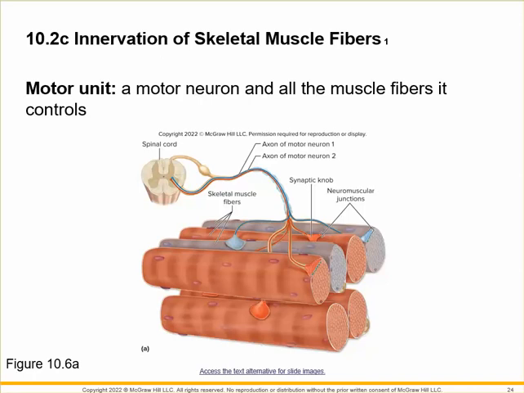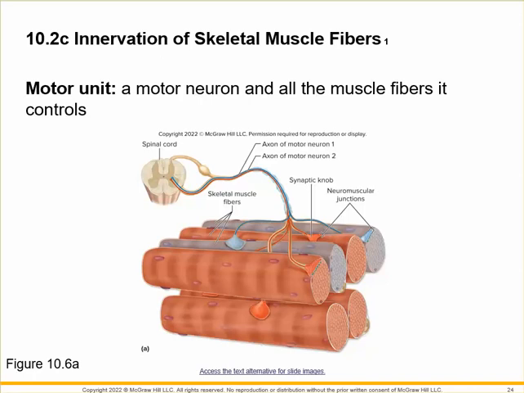So what we instead have is the axon of the motor neuron. When it gets to the target muscle, like the biceps or whatever, it branches. And where it branches, the axon branches will go to a bunch of individual muscle fibers.